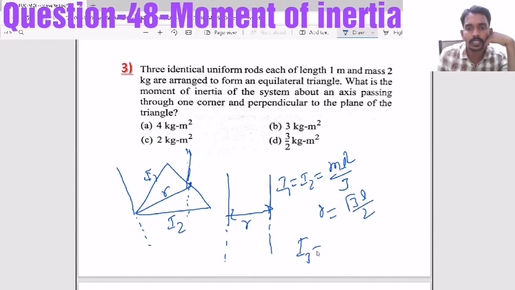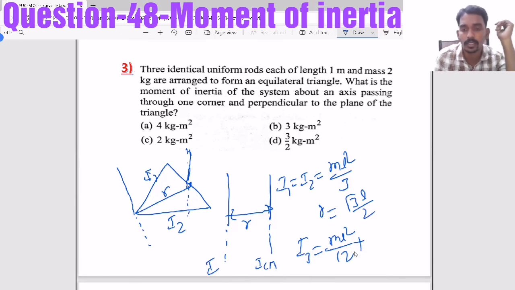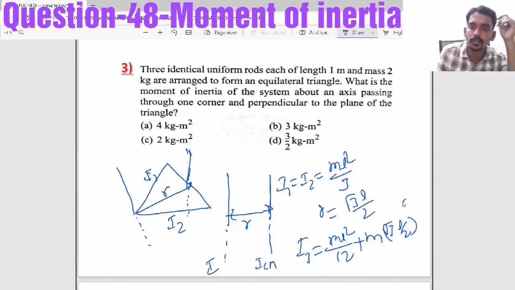So the moment of inertia of the third rod will become ml square by 12 plus, because this is ICM and this is an unknown axis. We have to apply the parallel axis theorem. So ml square by 12 is about its center of mass plus m into r square, where r is root 3 L by 2 whole square.